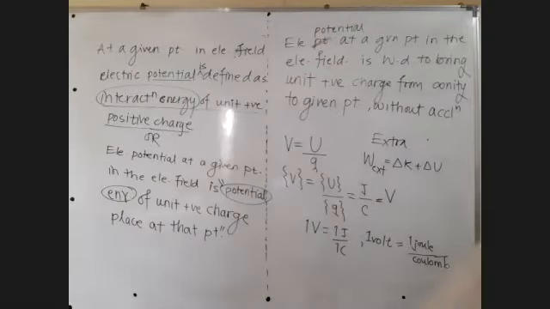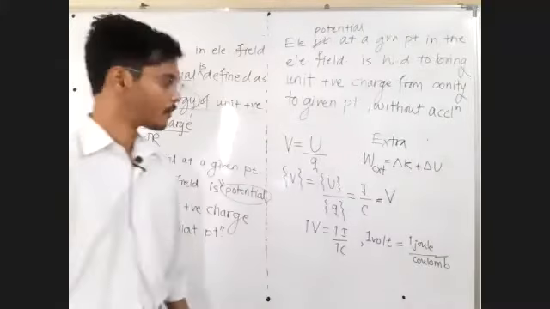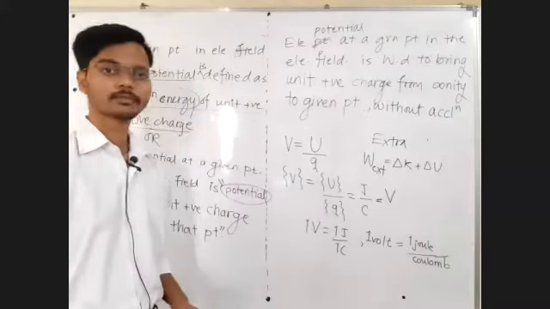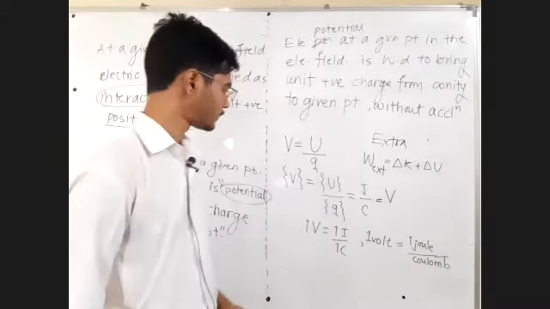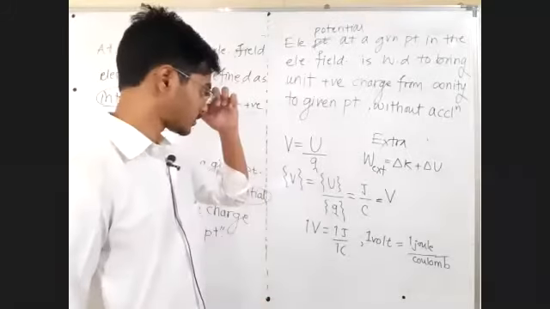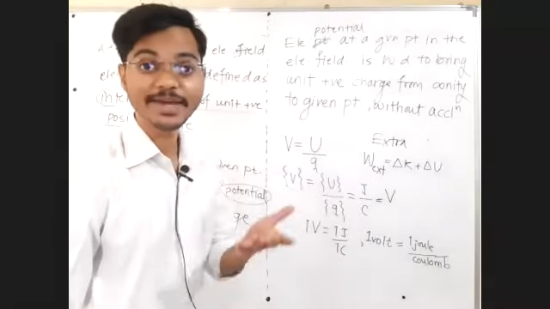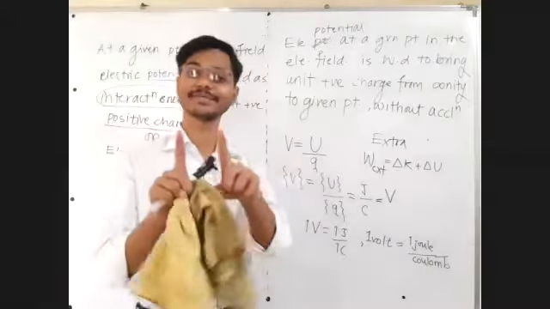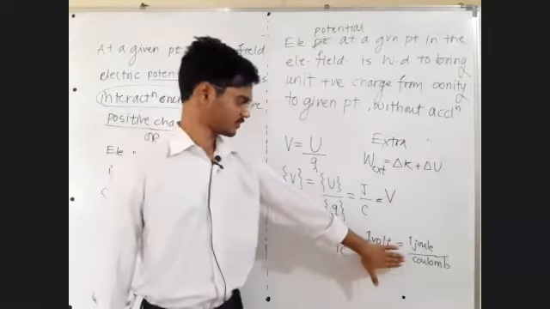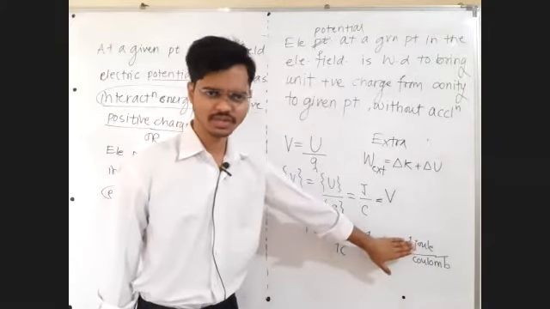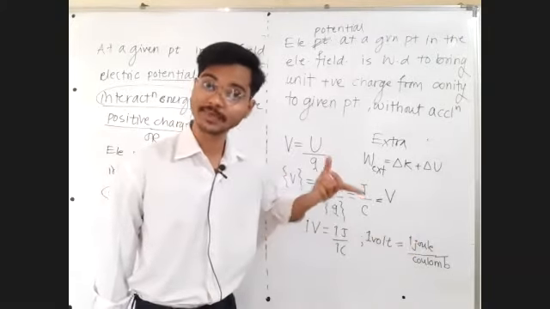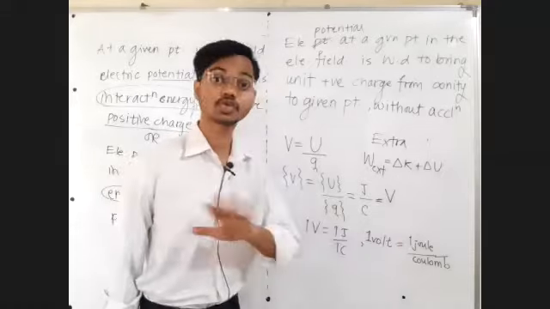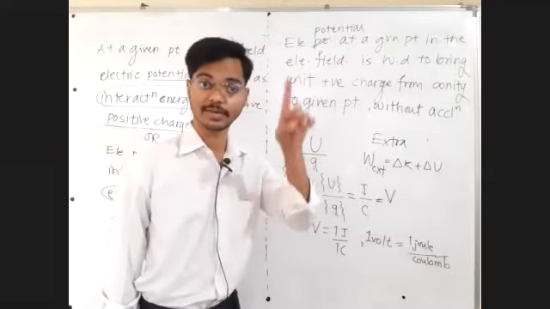Concepts of potential over. Good. Your task: tell me the dimensions, or tell me the fundamental unit. This is the SI unit, that I know, but joule is not a fundamental unit. Joule you have to replace. Coulomb is also not from the 7 fundamental units.